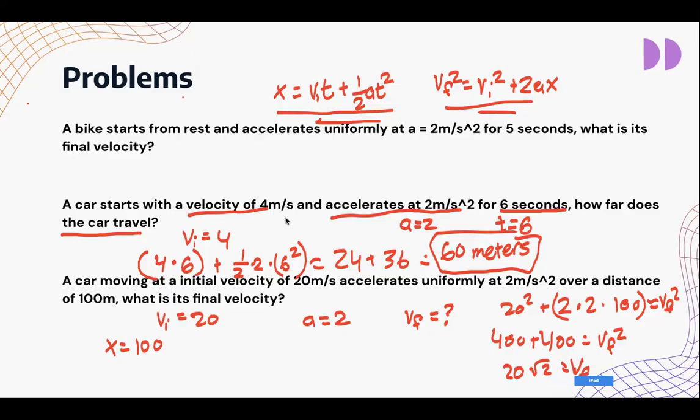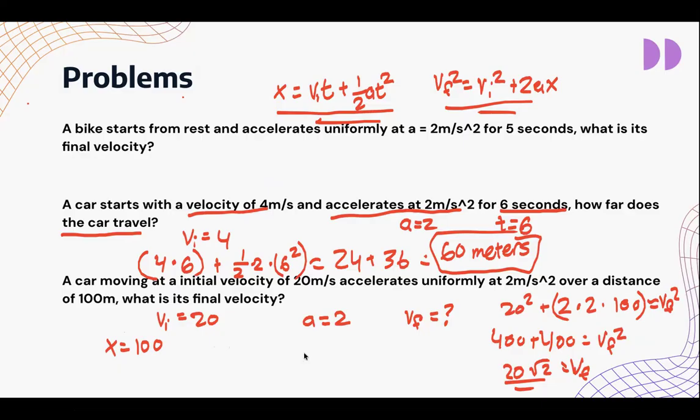If you don't know how to simplify a square root like that, you can just put square root 800 in the calculator to find the exact decimal. I don't want to teach how to simplify square roots, but it's totally fine if you don't know how. You just use the calculator instead. Something to note about this third question here: if you notice, this is the only question that doesn't give us time.